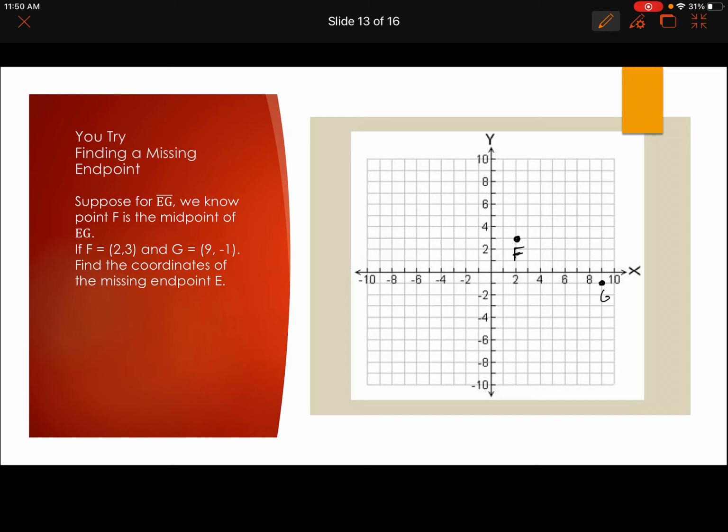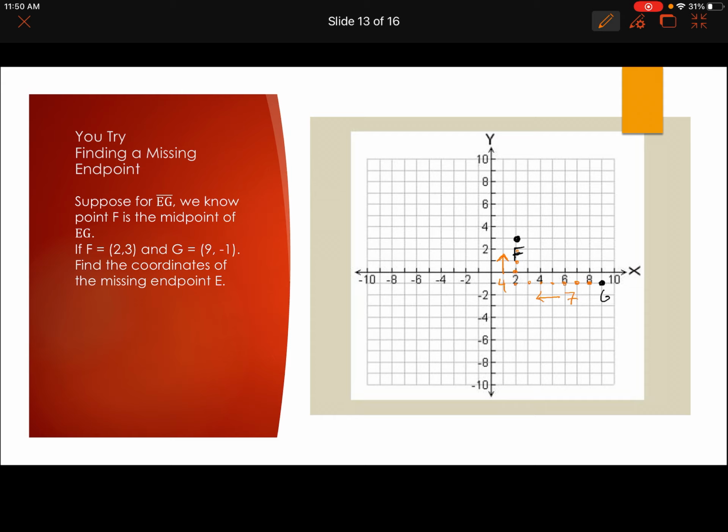you should have gotten to go from G. So we're going to go backwards from G to F. We're going to go over 1, 2, 3, 4, 5, 6, 7. So we went to the left 7. And then we're going to go up 1, 2, 3, 4. So we went up 4 units.